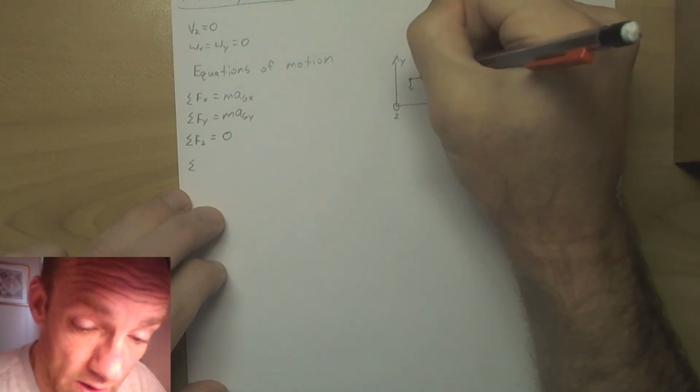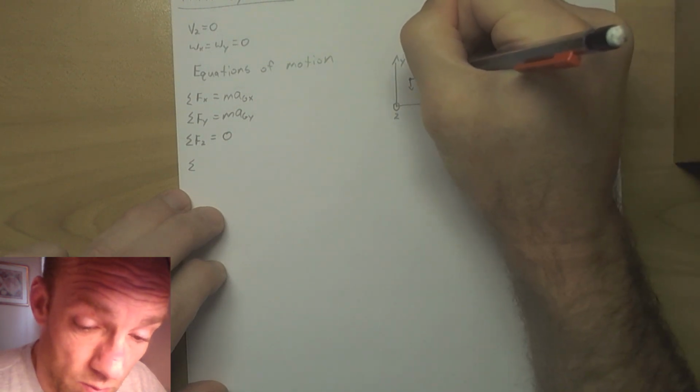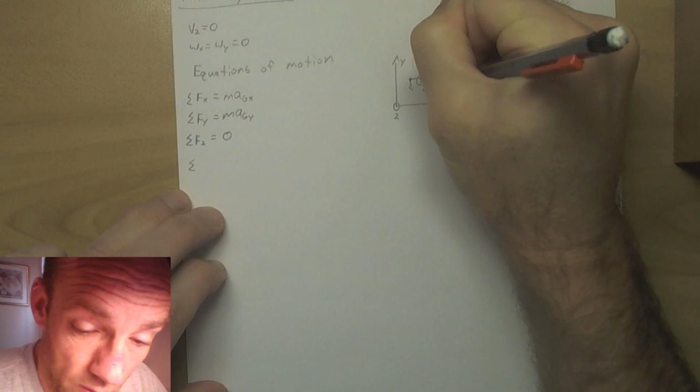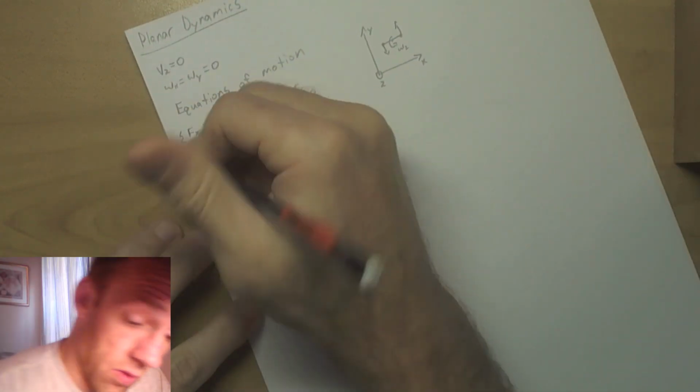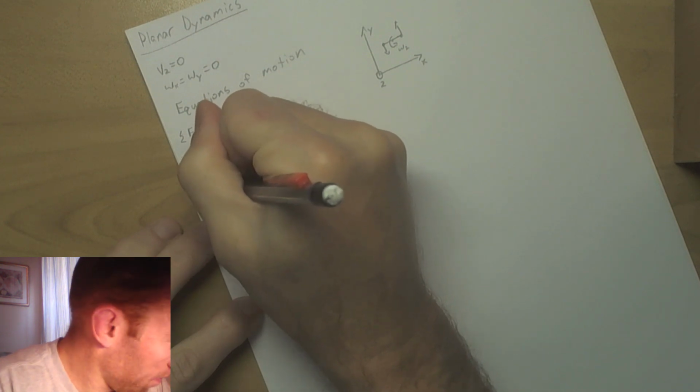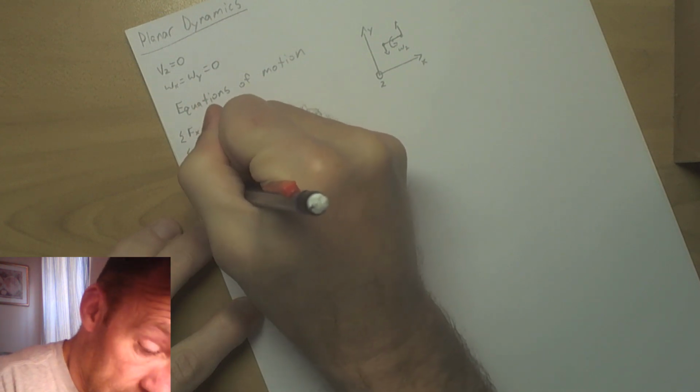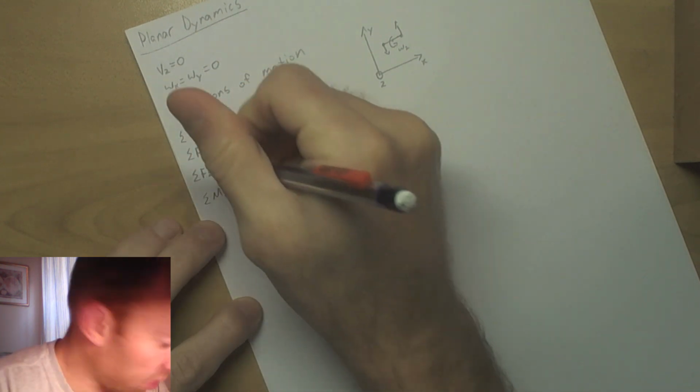So here, the only one that's left will be omega z. I'll show you exactly where these come from.